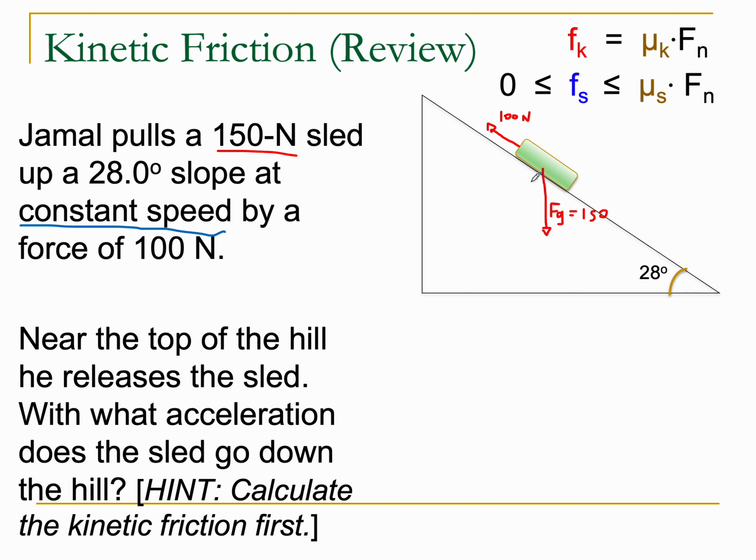Before we analyze anything else, let's break this force, that 150 newtons, into its perpendicular and parallel components. Again, just doing a little bit of trig. And do put arrows on this, by the way, because it is important. So that angle appears 28 degrees again. Now just doing some quick numbers: 150 times the sine of 28 and 150 times the cosine of 28.